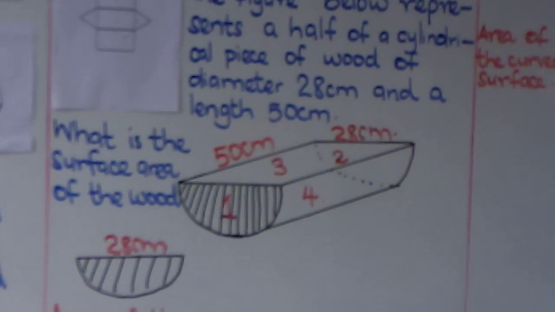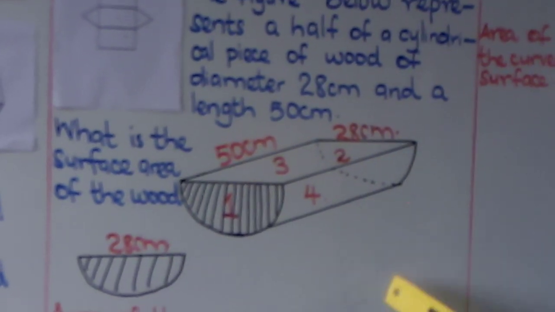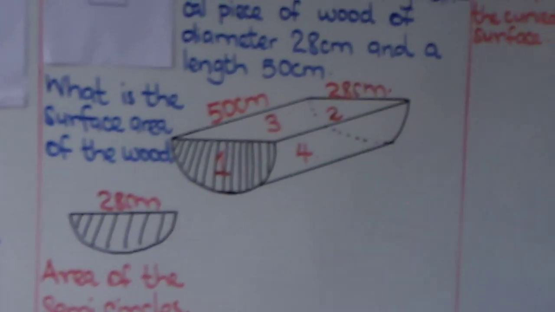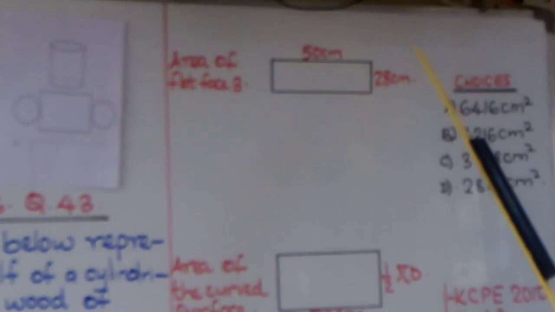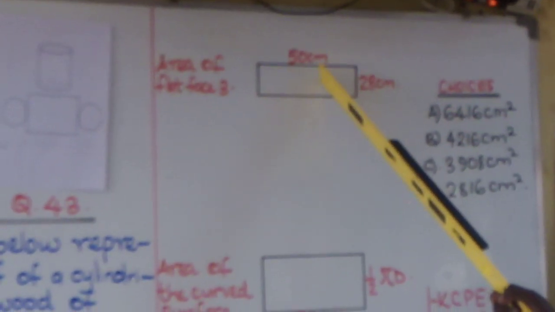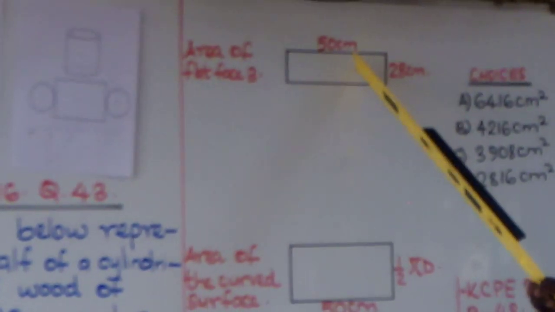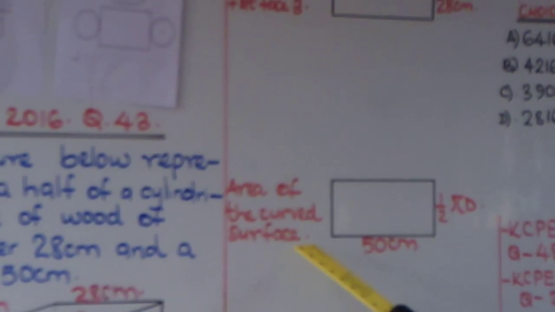Remember, a cylinder has a circular top and bottom that have the same diameter or radius. And so we will find the area of the 2 semicircles. Then here we have the area of that flat top, measuring 50 centimeters and 28 centimeters. It's rectangular in shape. Next, step 3, we will have the area of the curved surface.